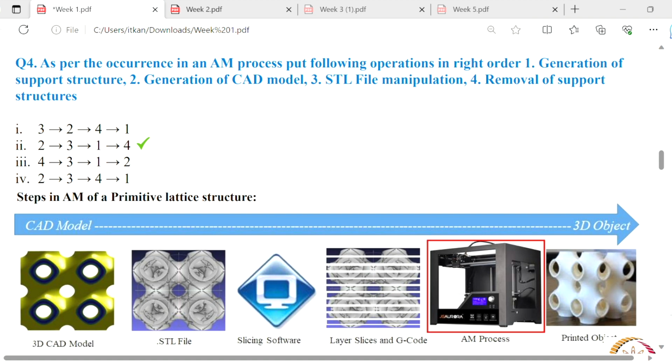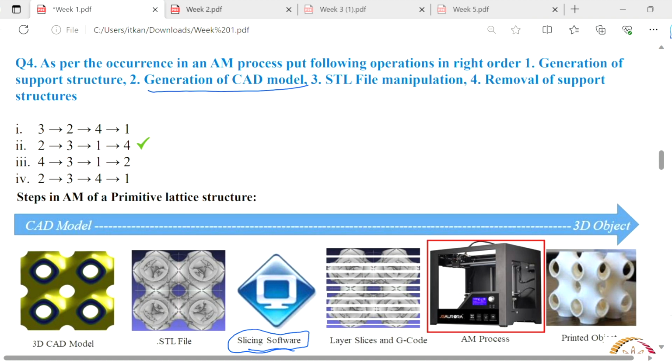So the correct option is, first we have to prepare the CAD model, then we do the pre-processing, which includes giving support structures and doing the slicing. This happens in the slicing software, generation of support structures. Then is STL file manipulation, and next is removal of supports.